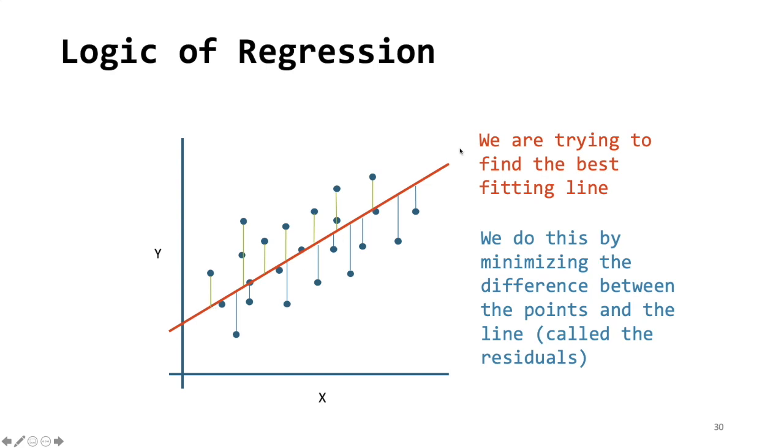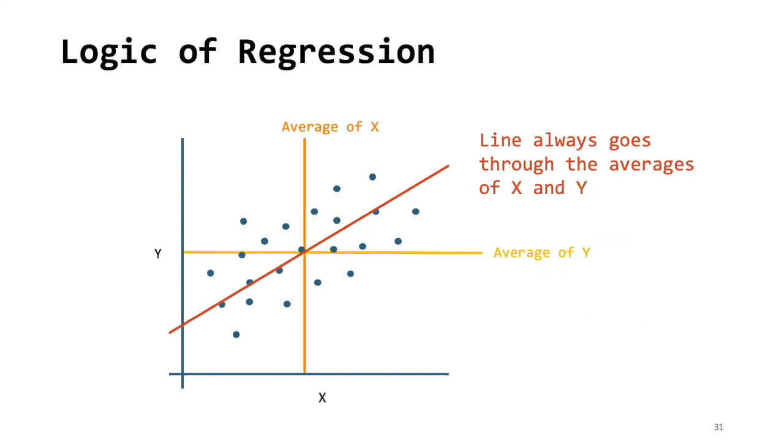If this is the best fitting line according to that definition, then any other line that you could possibly draw through these points would have bigger residuals than that line. If you get really nerdy, it's actually really cool. There's a ton of cool stuff that you can do using the best fitting line. We're going to talk about that a lot more next week. But the idea is always going to be the same. Regression is trying to find this best fitting line, the line that represents those points the best.